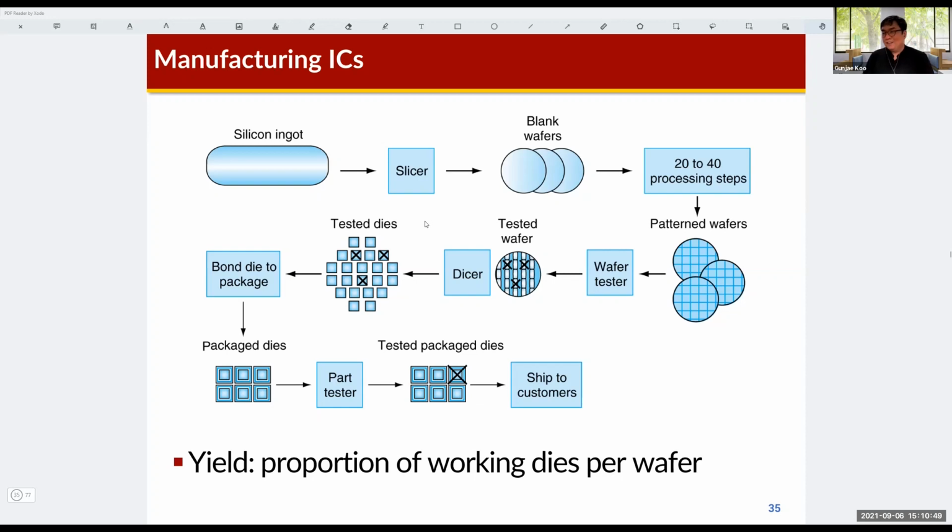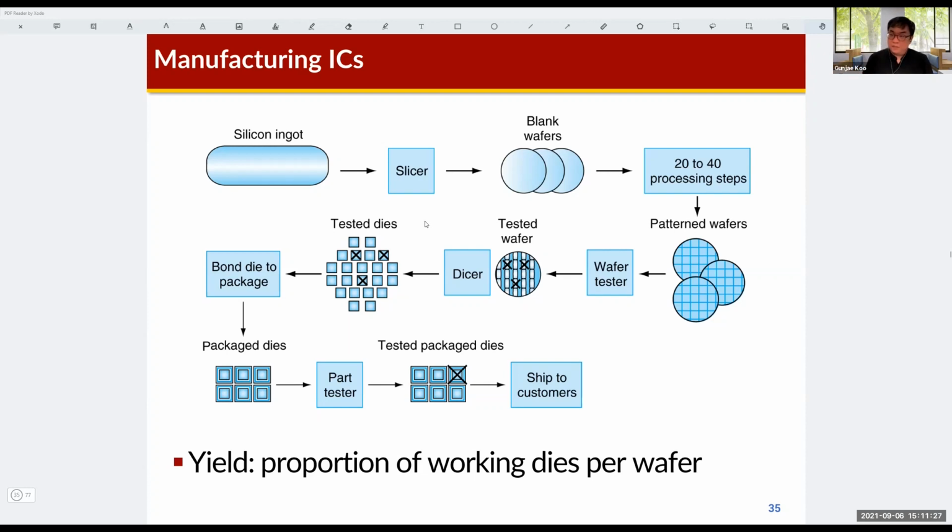Silicon is actually an element of sand, SiO4, and silicon has the property of a semiconductor. It's half conductor and half insulator. And then based on the voltage level, silicon can become a conductor, or silicon can become an insulator.